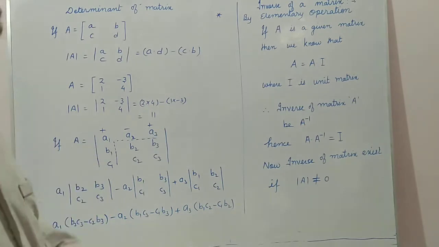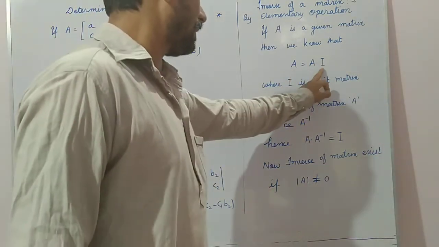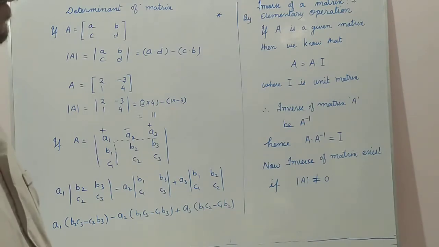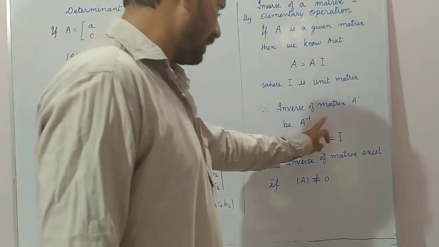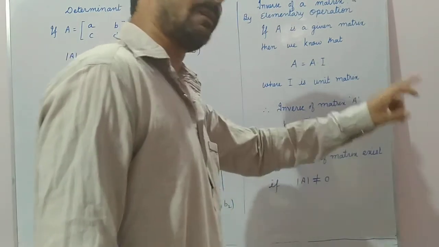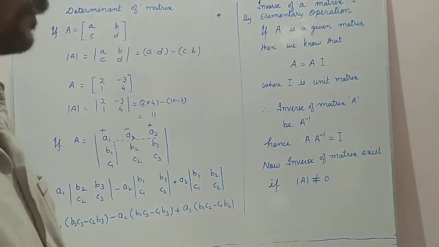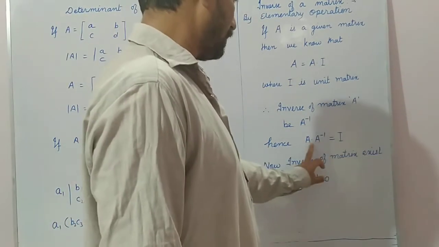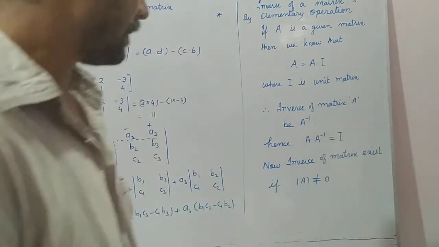Any matrix multiplied with the unit matrix will give the same matrix. Now, suppose the inverse of matrix A, that is A inverse. Hence, A into A inverse will give what? Unit matrix I.